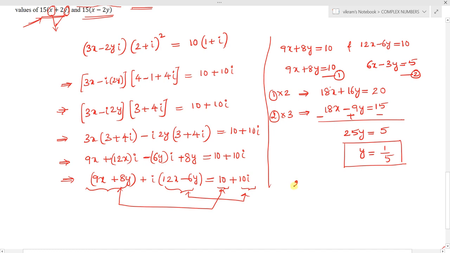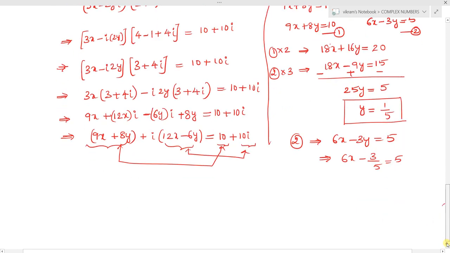Now using the equation 6x minus 3y equals 5, substitute the y value: 6x minus 3 by 5 equals 5.